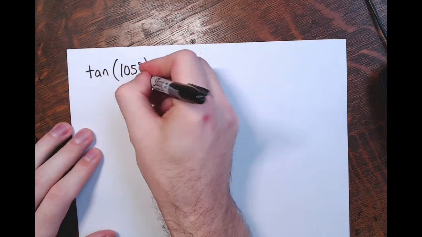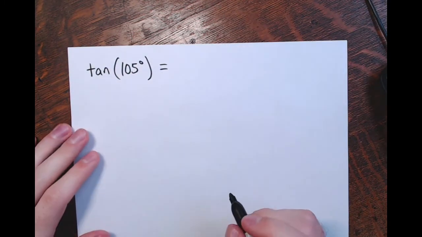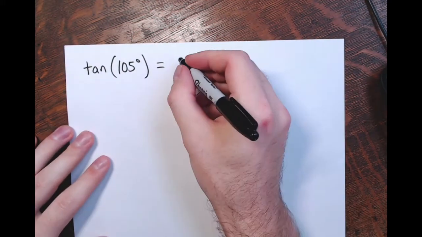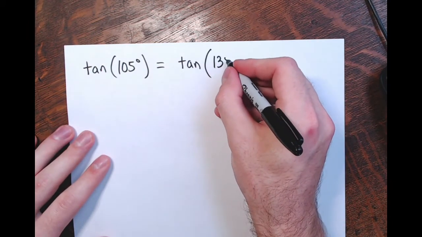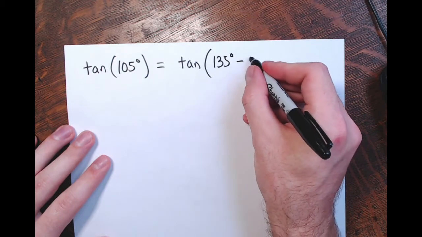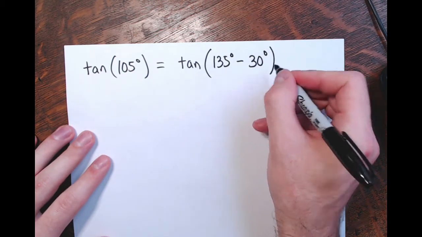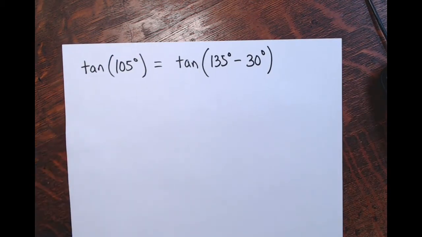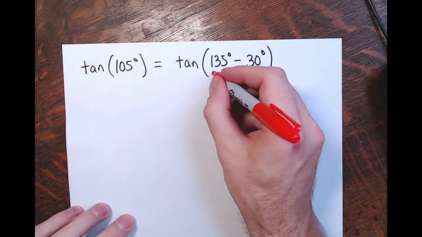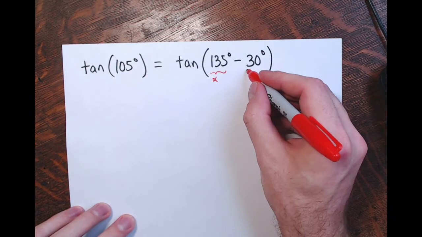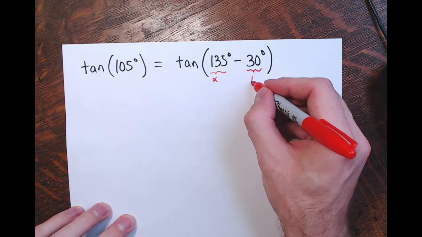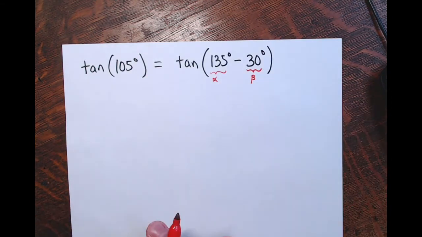Now again, I know this isn't the way they wrote it. They wrote it as the tangent of 135 degrees minus 30 degrees. So in my formula, this 135 degrees is like the angle alpha, and this 30 degrees is like the angle beta.